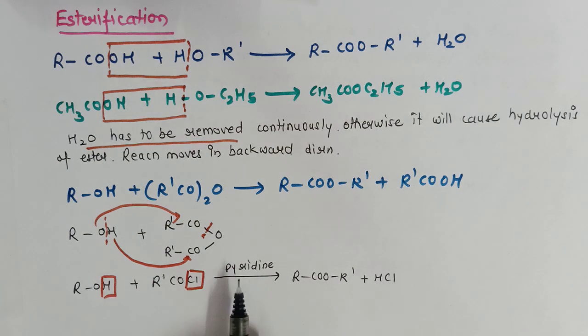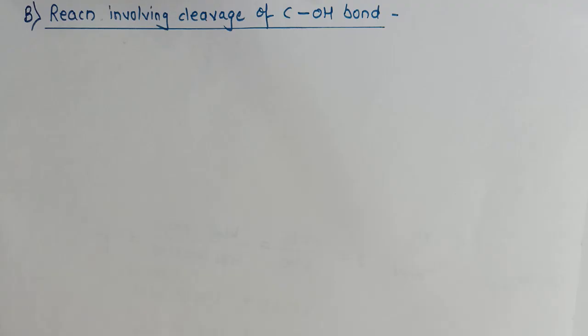Now pyridine helps in neutralization of HCl. This we have seen even in Darzens process, that whenever HCl is formed as a byproduct, generally we use pyridine, which neutralizes HCl. So that was all about the reactions involving cleavage of the oxygen-hydrogen bond from the hydroxyl group.